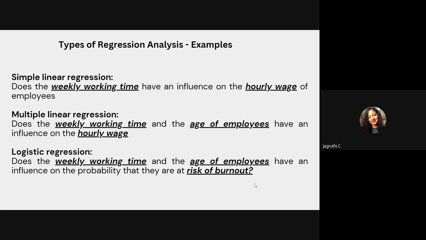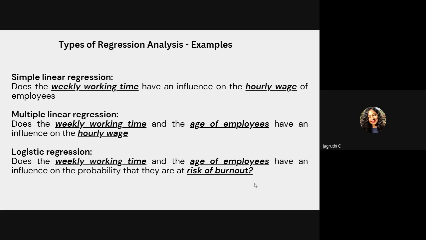When you talk about simple linear regression, one simple example that I put here is, does the weekly working time have an influence on the hourly wage of the employees? Here your weekly working time becomes an independent variable and your hourly wage becomes a dependent variable. You're trying to figure out the hourly wage based on the weekly working time.